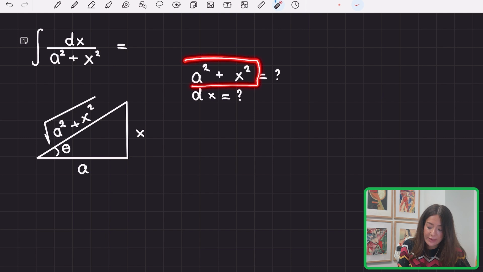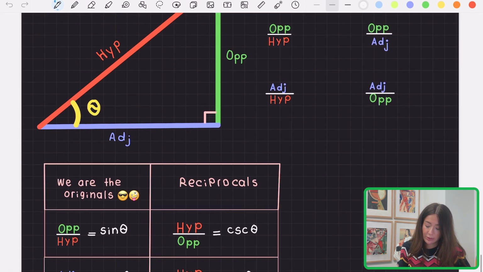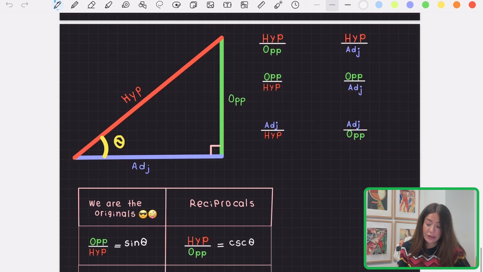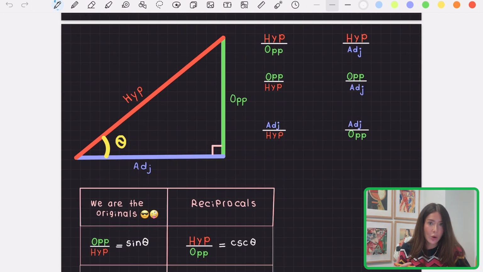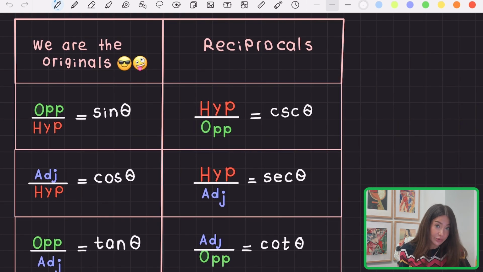But how about this expression? So I'm going to write down the ratio which that is part of. And remember that trig functions are nothing but different possible ratios. And there are only 6 possible ratios when you have 3 sides, right? So there are different ratios, and that's what we call trig functions.